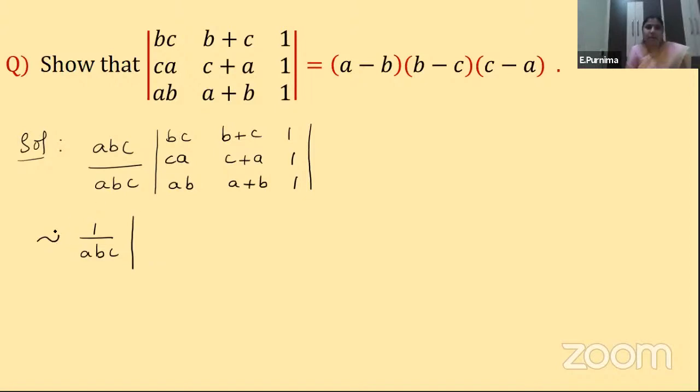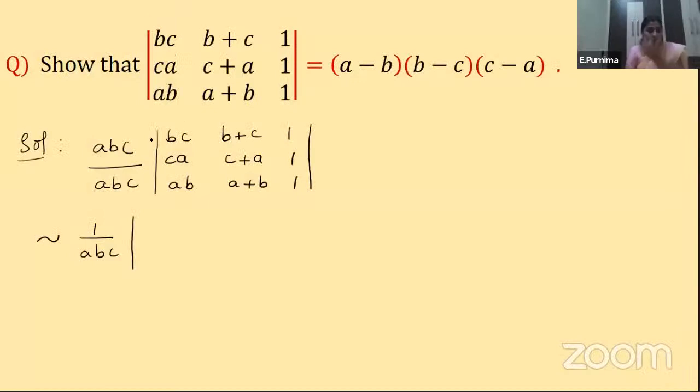So 1 by ABC into this, with ABC in the numerator. In the property we have seen k into determinant A is equal to k cube into determinant A. Here three terms are there: one is A, one is B, one is C, and they are scalars. That is the benefit of determinants, children.